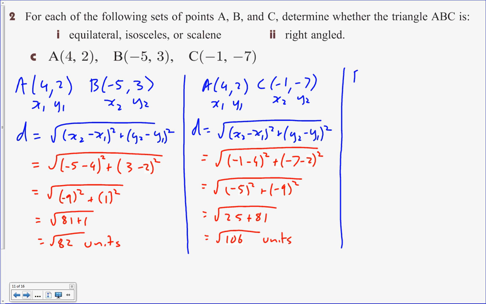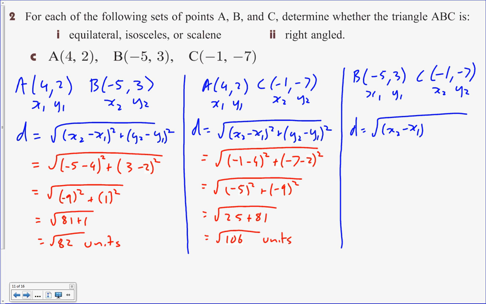Go to our third side, and we're going to do B, which is -5, 3, and C, which is -1, -7. We now work out x1, y1, x2, y2, and D equals square root x2 take x1 squared plus y2 take y1 squared equals square root x2, which is -1, take -5 squared, plus y2, which is -7, take 3 all squared.